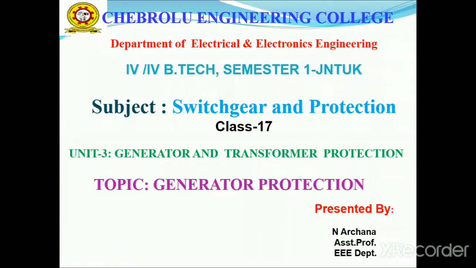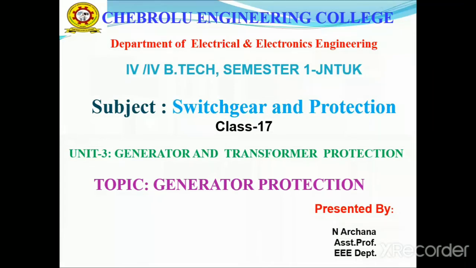First of all, why do we give separate protection for the generators and the transformers? That is the main important reason. Basically, in a generating system, the major and costly equipments are the generators, transformers, and also the bus bars and transmission systems.